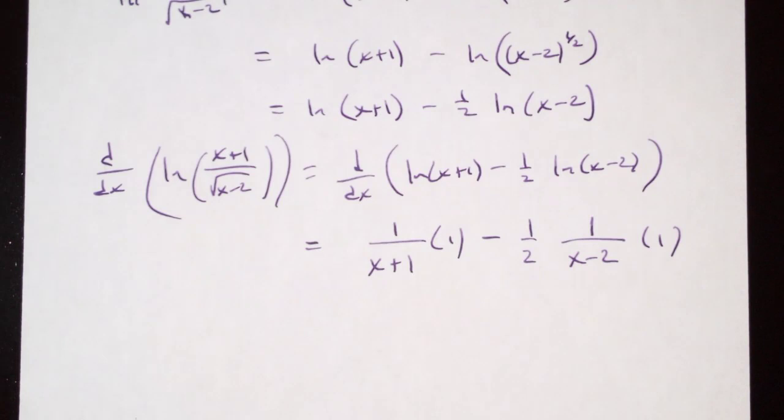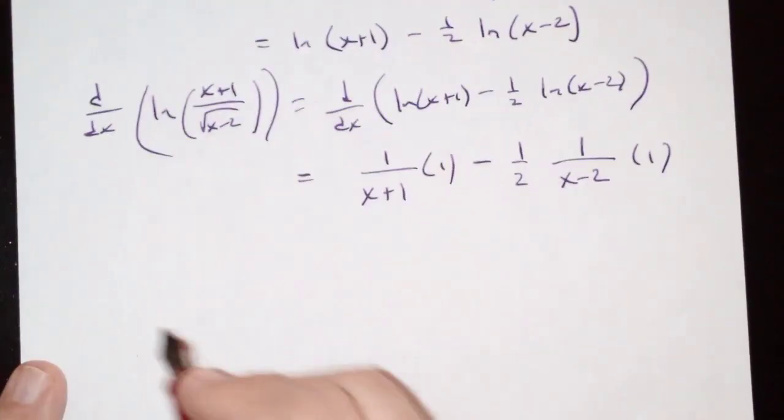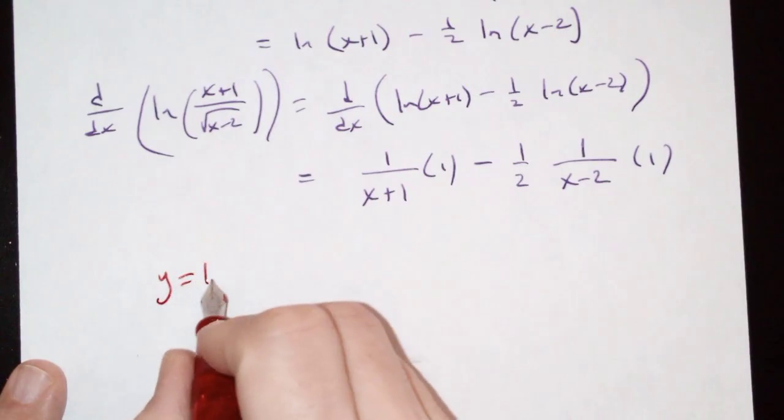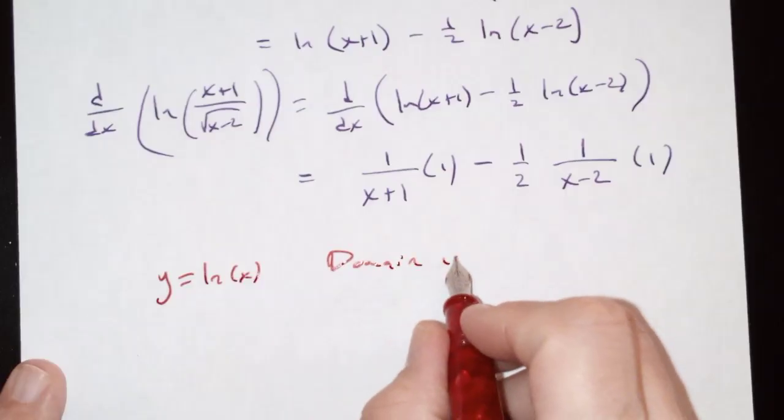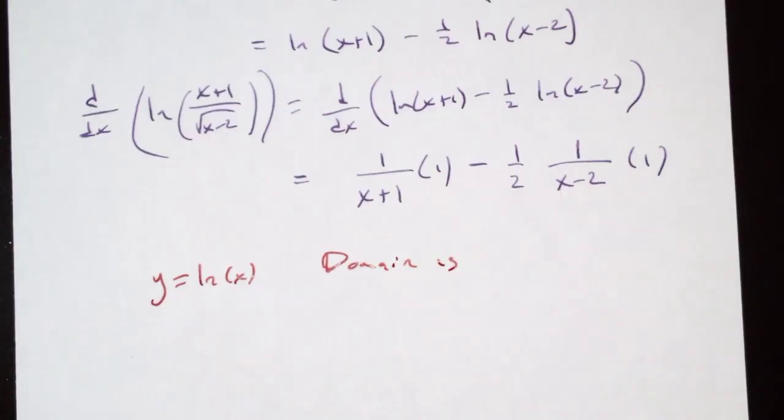What other inverse functions do you know that you were taught in other classes before this? Oh, hang on a second. Wait, I forgot something. I'd like to make a note. If I think about ln of x, what's the domain of this function? What numbers are allowed into an ln? What numbers are not allowed?